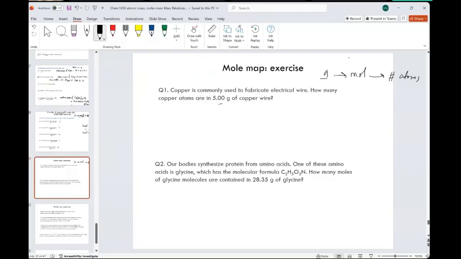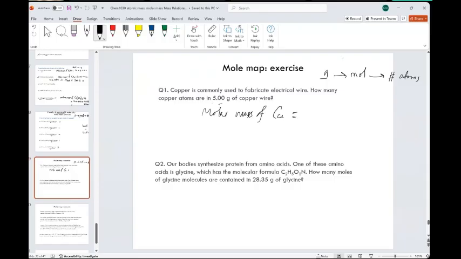So what is the molar mass? We need molar mass of copper. Cu is for copper. I believe it is about, I don't remember. Anyone help me with that?